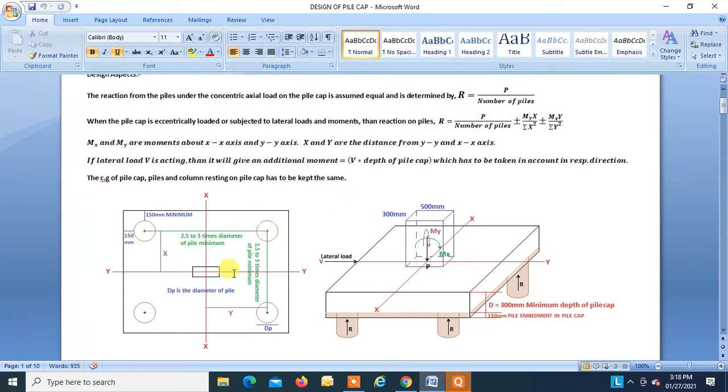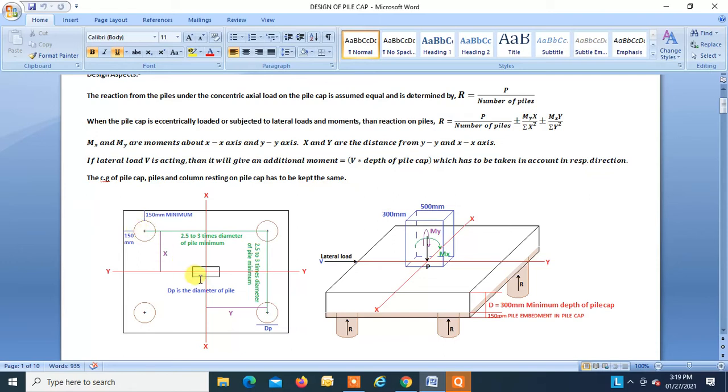Now we are assuming that Mx is in this direction, My is in this direction. So for getting the reaction for this pile, this will be positive and this will also be positive. For this pile, we have to take negative and negative, right?